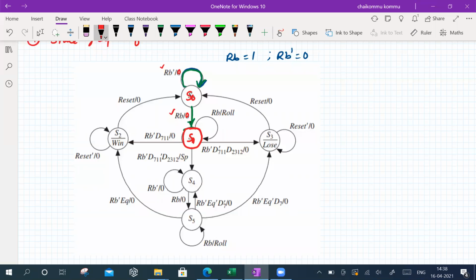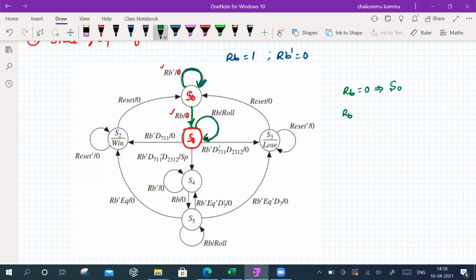For example, if your roll button is available and the roll signal has to be generated, in that case also you have to be in the same state. So what I'm doing here: if RB is equal to 0, you should remain in the same state.